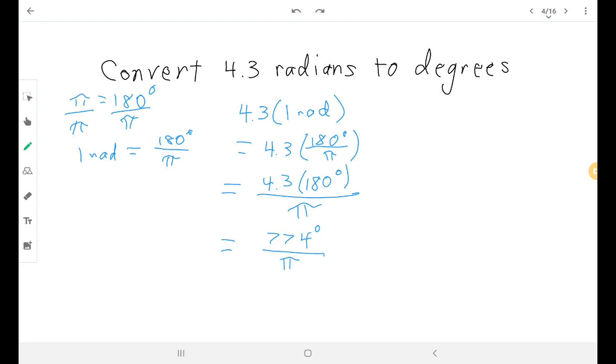If I divide it by the scientific calculator pi symbol, I get 246.4. Let's keep it at the same decimal places. Degrees. So it is approximately 246.4 degrees.